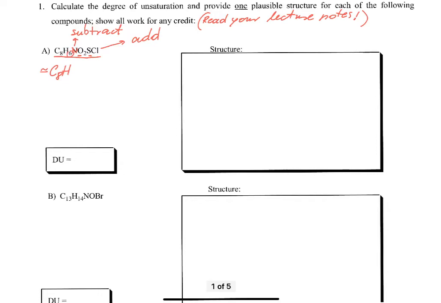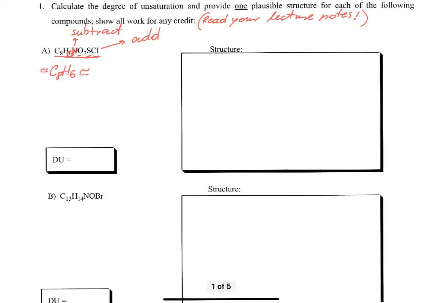I ignore oxygen and sulfur, and for chlorine, I add one hydrogen atom. So from H5, I go back up to H6. Therefore, my equivalent without the heteroatoms has the formula of C8H6.